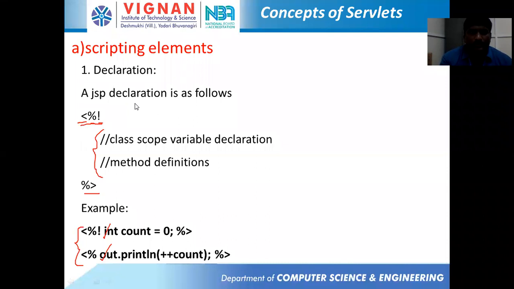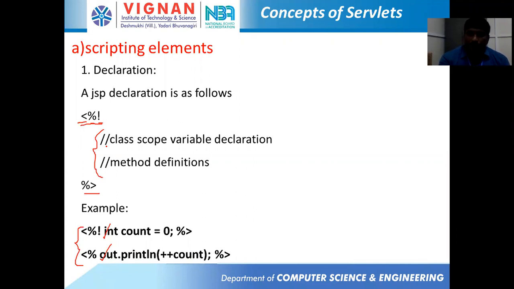Well, coming to declaration once again, the class scope variables that we write within the declaration syntax. During the translation phase, the Java methods and variables of a JSP declaration are placed in the container generated servlet at class scope, that is, as instance variables and instance methods, as data members and member functions.